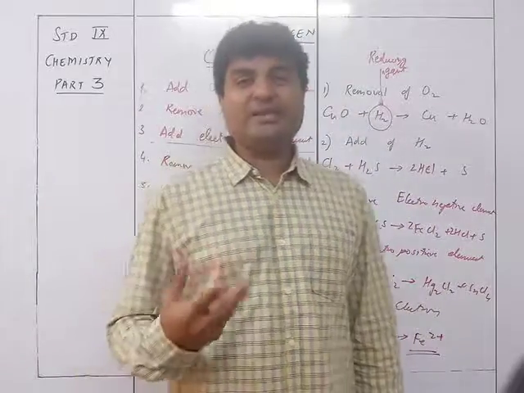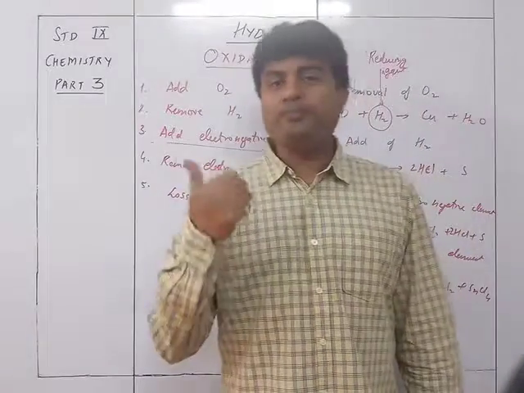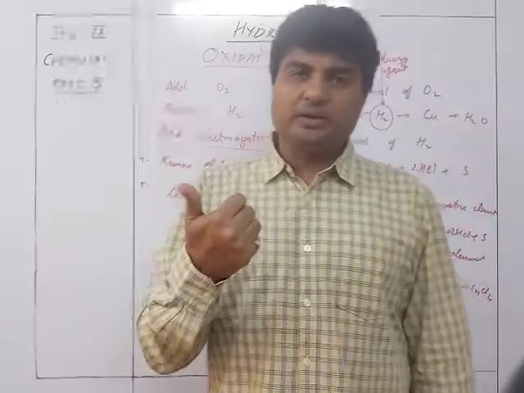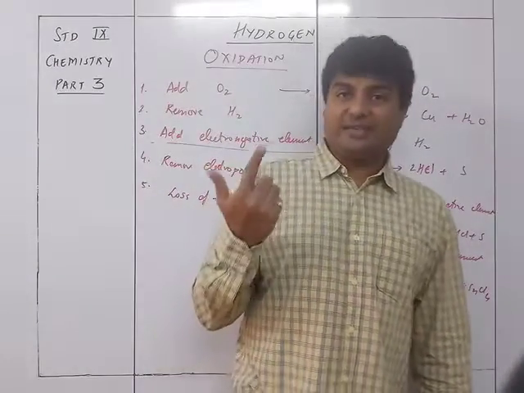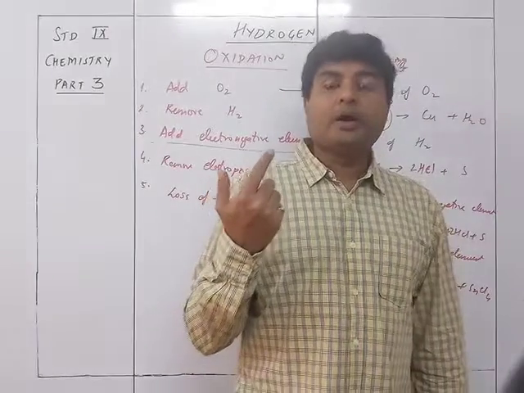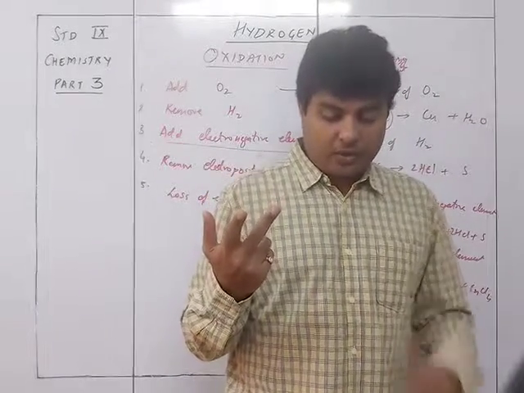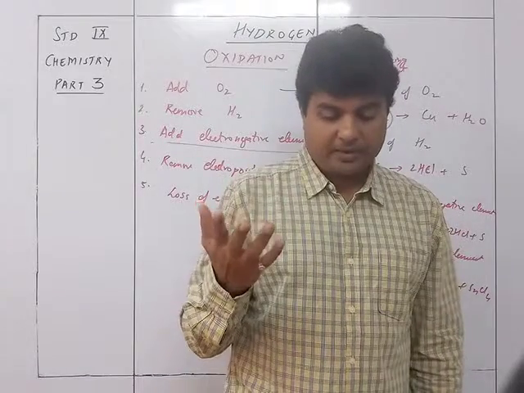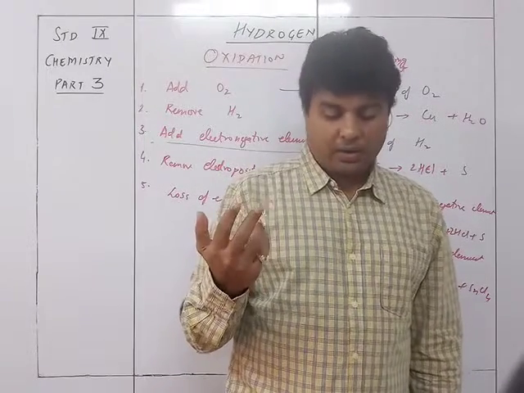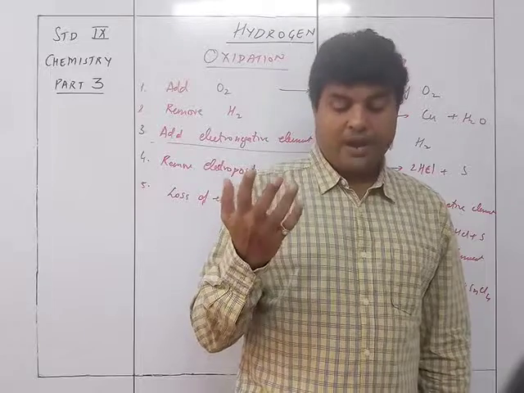So these are the tests for oxidizing agent. If oxygen is evolved, there will be rekindling of the glowing splinter. If chlorine is given out with HCl, or reddish brown color is given out due to the release of bromine from KBr, or a yellowish color from iodine from KI.